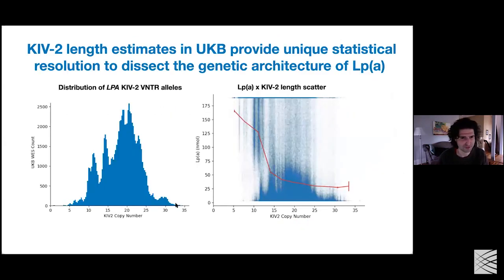So we had a first look at KIV2 in 1 million haplotypes. Here's the KIV2 allele distribution and the KIV2 by LPA scatter plot in the UK Biobank. There are error bars in this plot, kind of unbelievably. Okay.